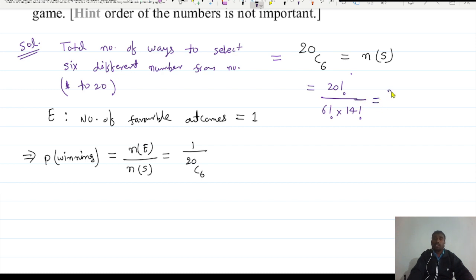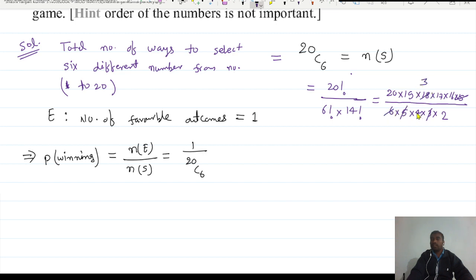If you do not remember, then watch the video on permutation and combination. This is actually 20, 19, 18, 17, 16, then 15, then 14 factorial we are cancelling with the one here. Okay, so I'm not going to write it. Then here 6, 5, 4, 3 and 2. So whatever you can cancel: 5 into 3 is 15, so this 15 you can cancel. 6 threes are 18, you can cancel.